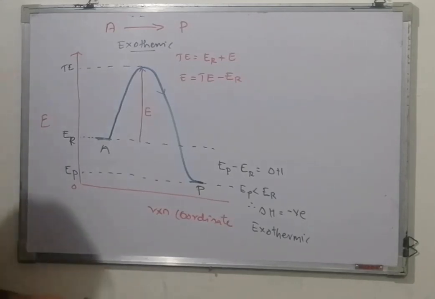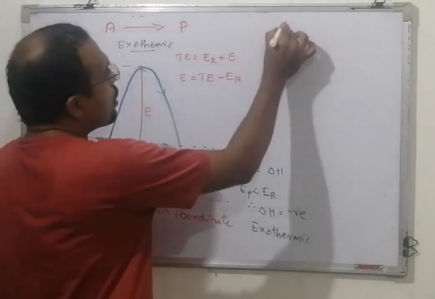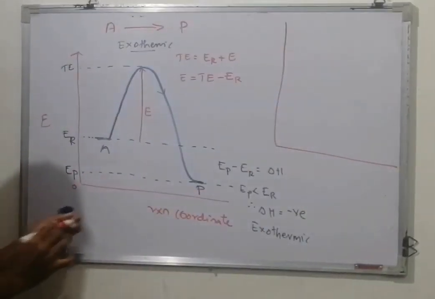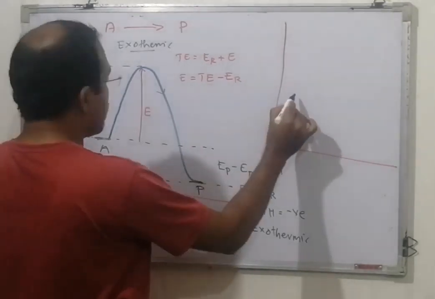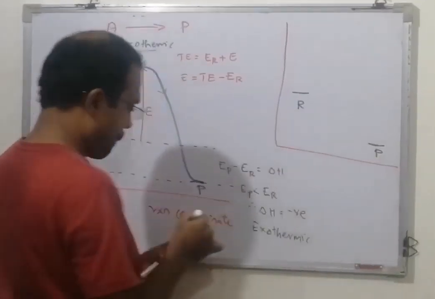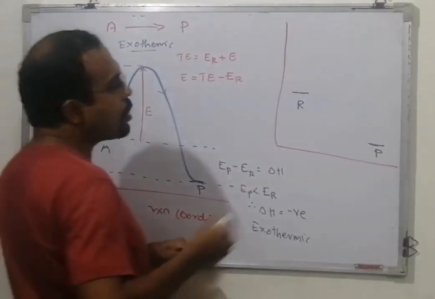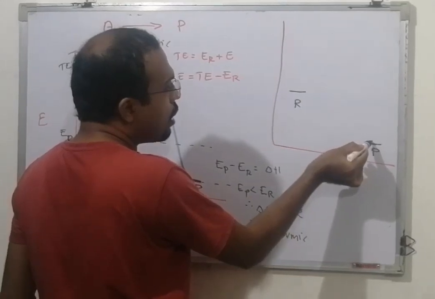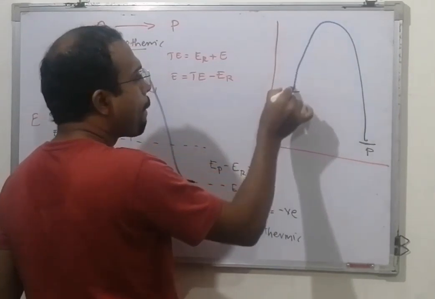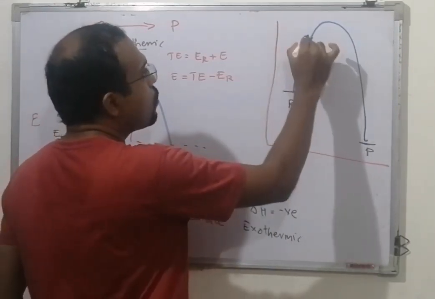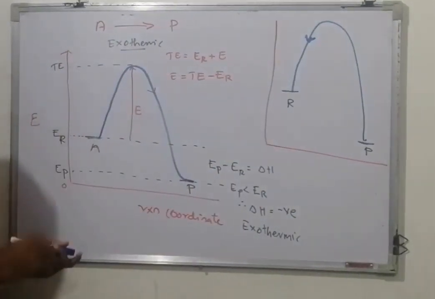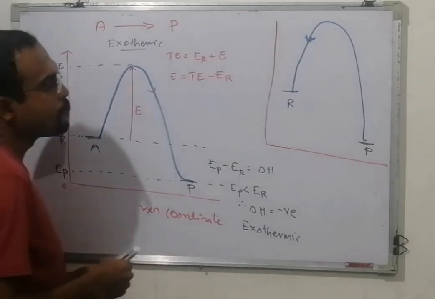Fine. Suppose I draw the endothermic graph of the same reaction. Same reaction. This is your R and this is your P. Endothermic means now P is the reactant and R is the product.